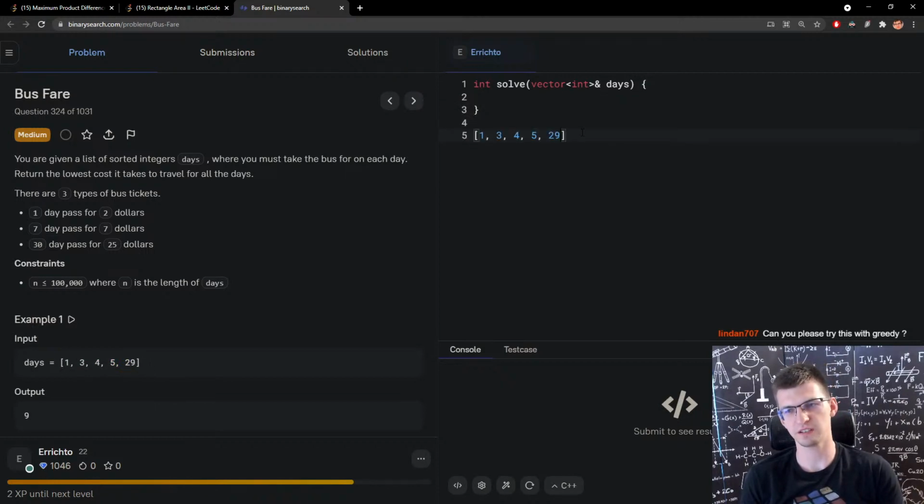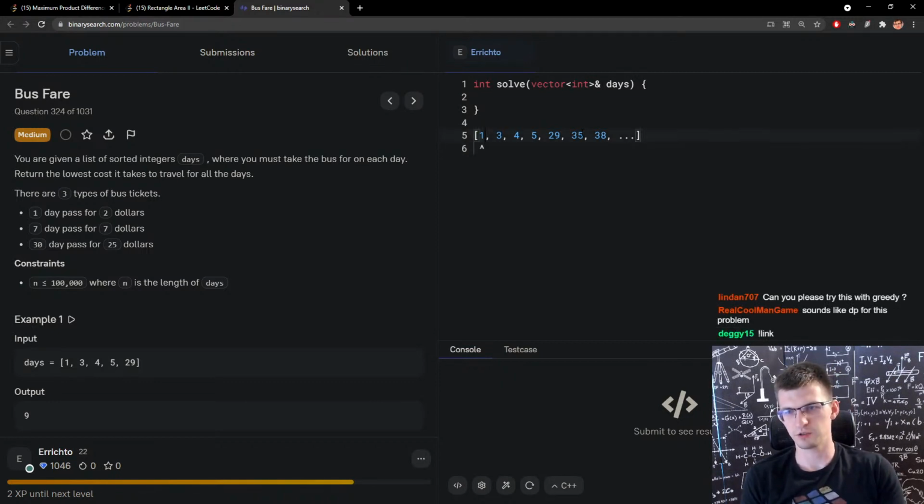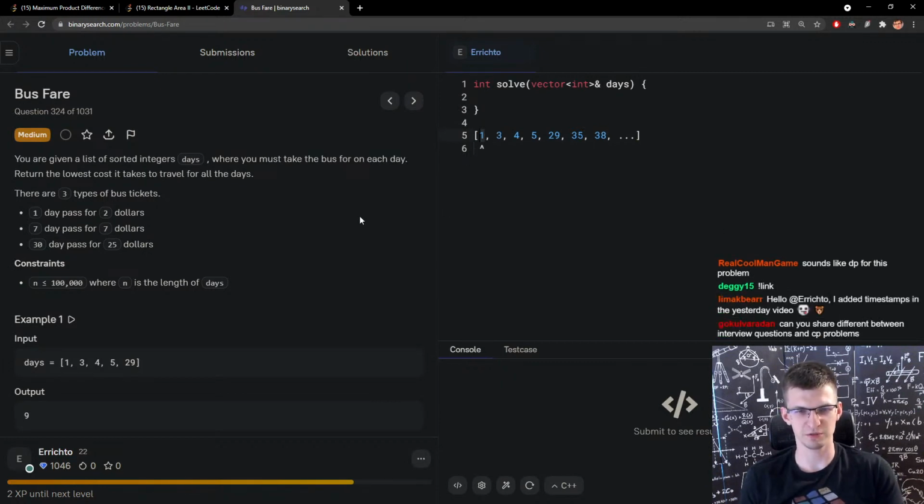Greedy usually means that even if the sequence is very long, we need to decide in some way looking at the first element or first few elements. Looking at just the first element, we cannot decide which pass we buy, because really, what's our idea? We always buy 30-day? So I don't really have an idea for greedy. I like to go for greedy during my streams to show you that it doesn't work, but here, what?